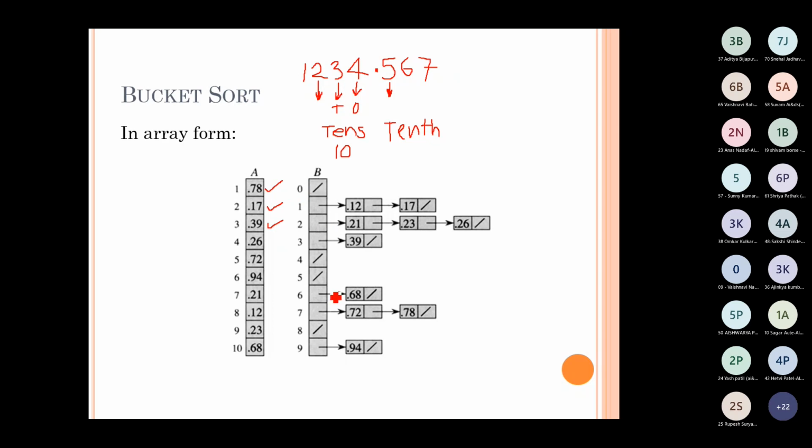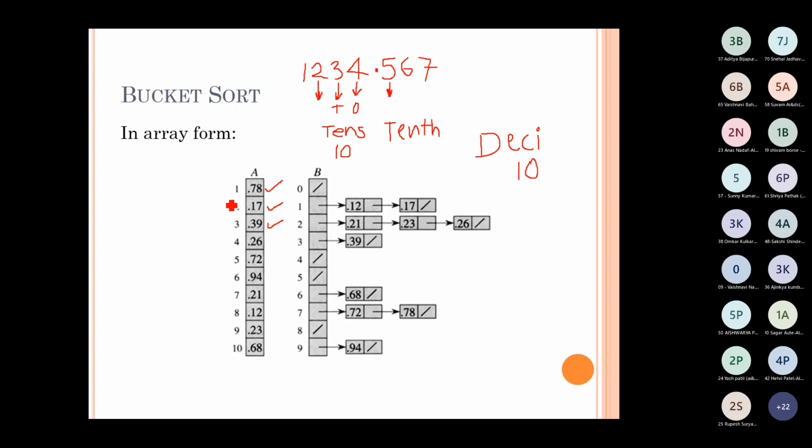So initially how many buckets will we have, and why have we taken 10 buckets here? Because we will be considering input of decimal numbers. What is the base of the decimal number system? Yes, deci means 10.